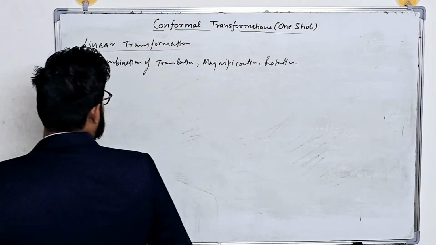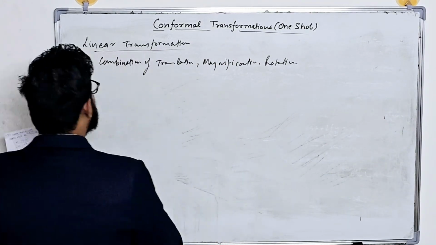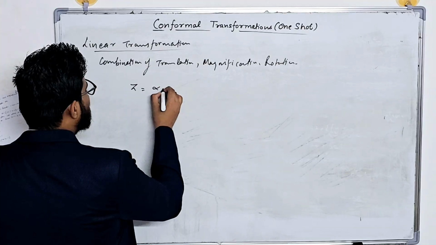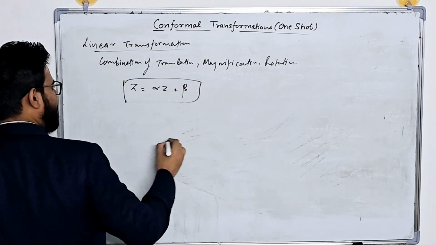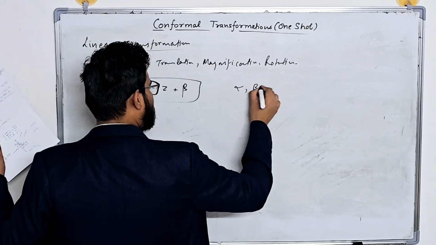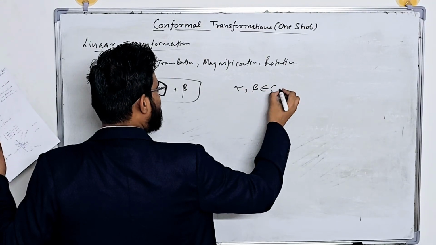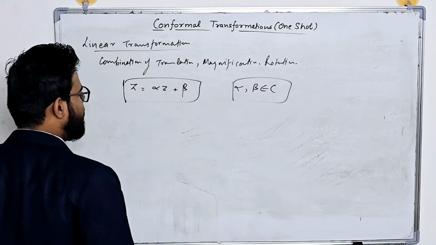So we will study linear transformation now. Its general form is given as w is equal to alpha z plus beta, where alpha and beta belong to complex numbers, right?